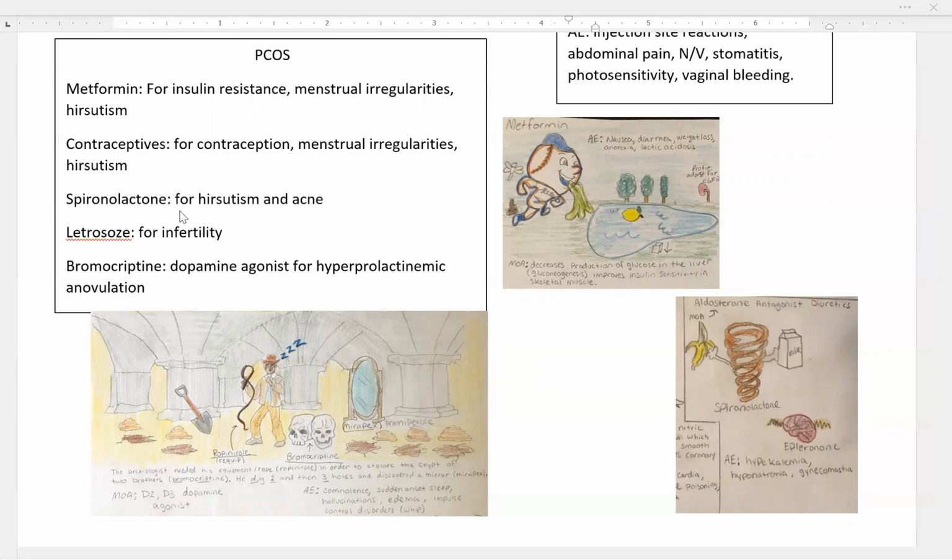You can use spironolactone for hirsutism and acne. Remember that spironolactone is an aldosterone antagonist. It's shown here by this picture of the spiral holding milk because lactose, lactone, spironolactone. Adverse effects are hyperkalemia, which is why there's a banana, because bananas have a lot of potassium in them.